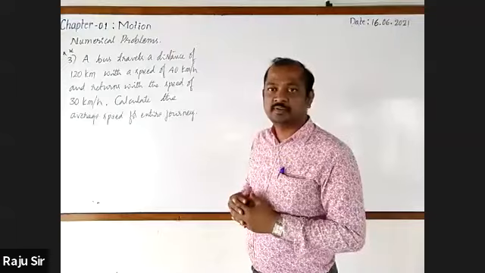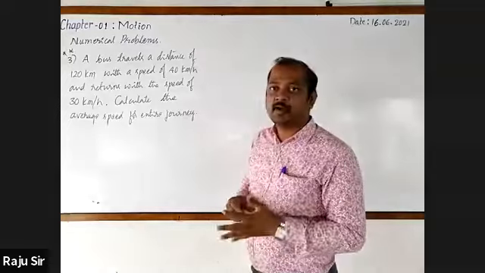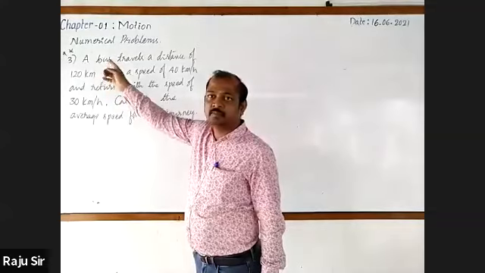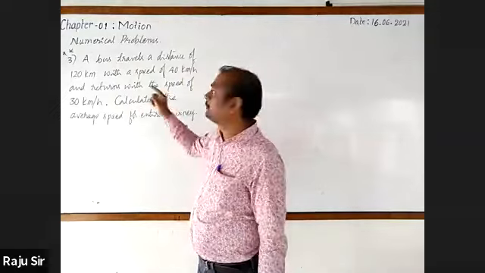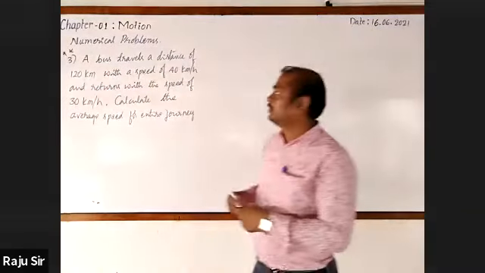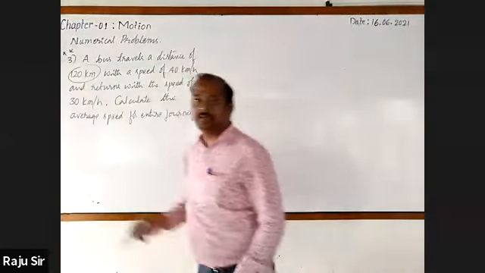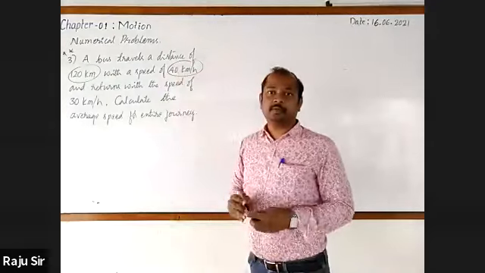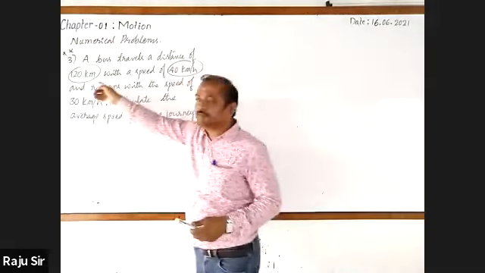Please observe. Already somebody has told the answer. Now let me go writing it. You should go on writing with me. Before that, just observe. A bus travels a distance of 120 kilometer with a speed of 40 kilometer per hour. So this is the first case.